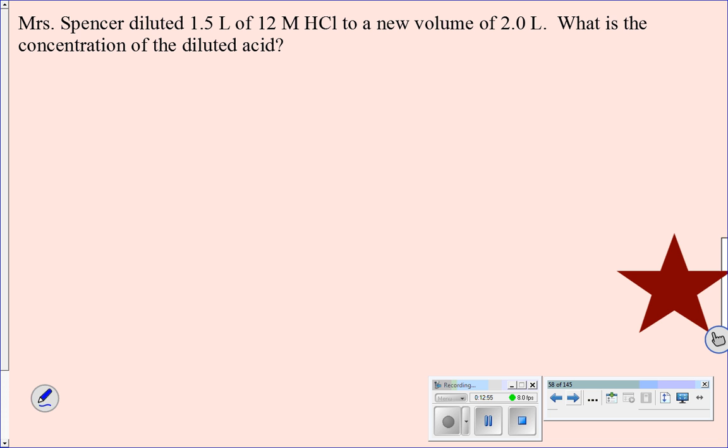I do dilutions a lot because we actually get 12 molar hydrochloric acid. So if I take 1.5 liters of 12 molar hydrochloric acid, and again, I'm going to add my zeros on there to keep my proper sig figs, consistent with the packet, 12.0. And I need to get this to a new volume of 2.00 liters.